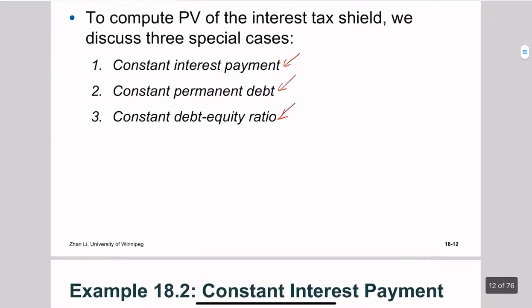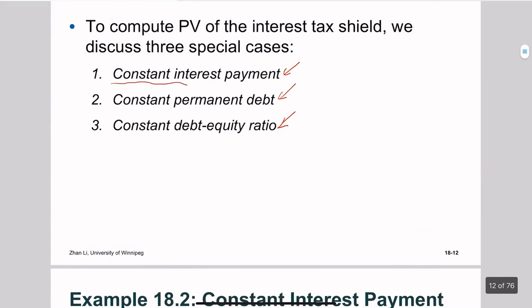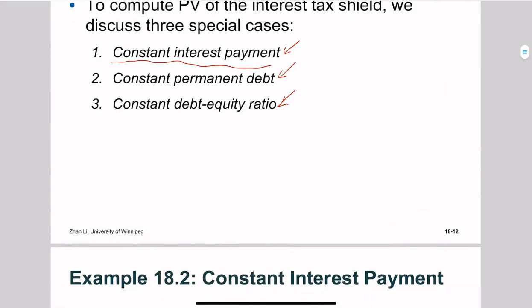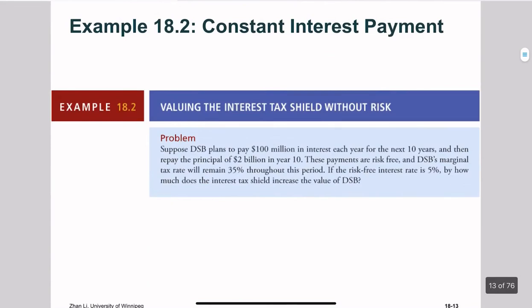Now let's discuss the first case. That is, you have constant interest payment. We will discuss this using an example. Let's say this firm DSB plans to pay $100 million in interest payment each year for the next 10 years, and then repay the principal of $2 billion in year 10.